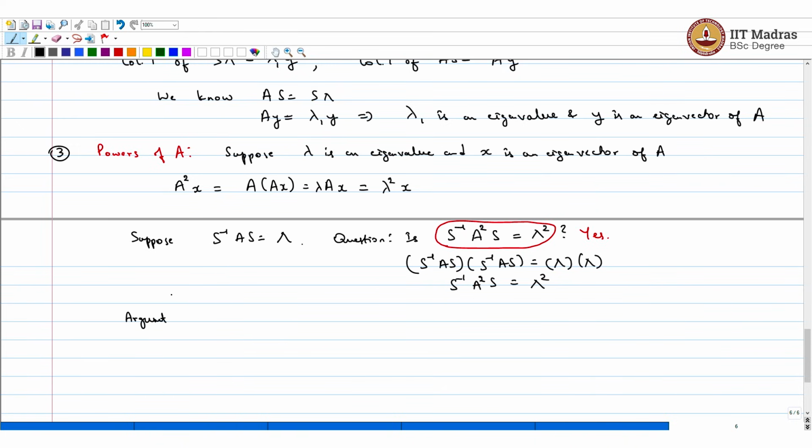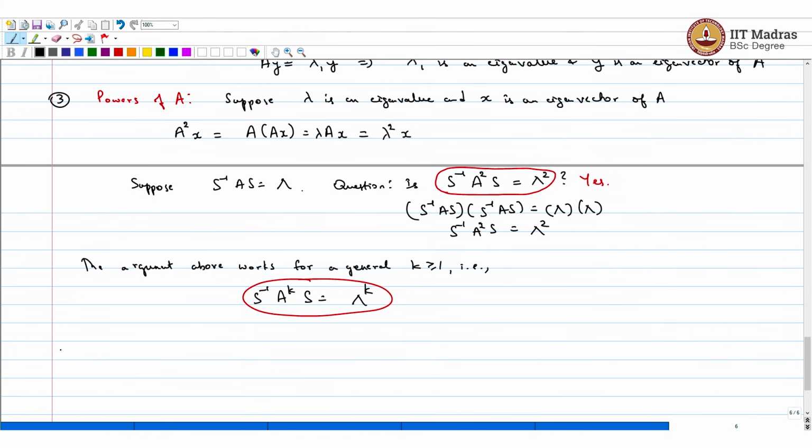The argument above works for a general positive integer k. That is, you can infer S inverse A power k S is just lambda power k.